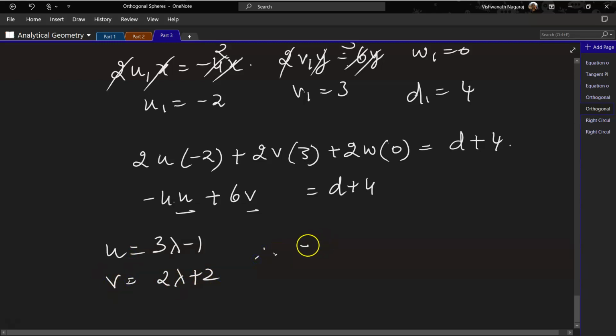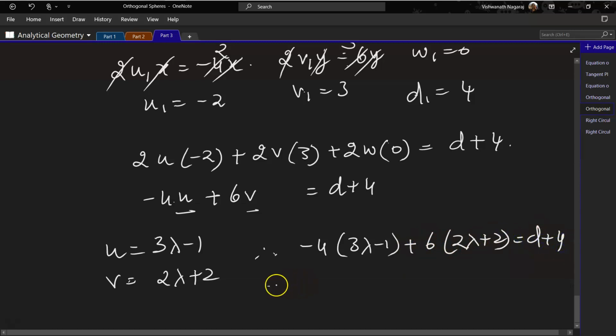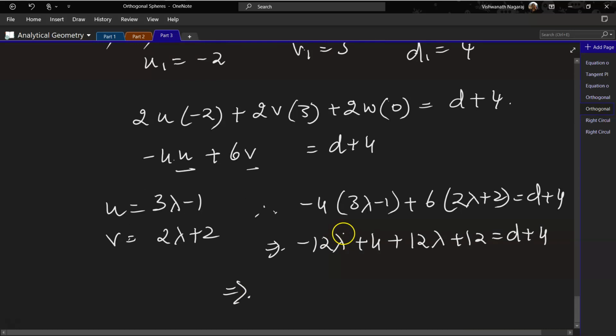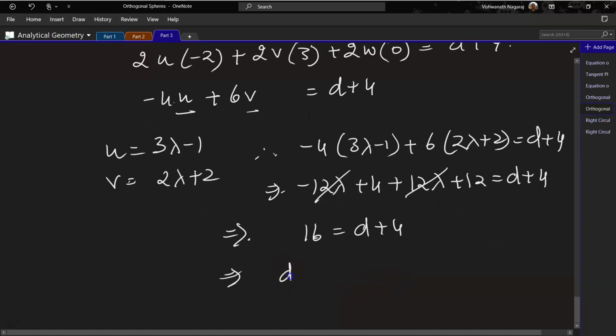Therefore, minus 4 times 3 lambda minus 1 plus 6 times 2 lambda plus 2 is equal to d plus 4, which implies minus 12 lambda plus 4 plus 12 lambda plus 12 is equal to d plus 4, and the lambda terms get cancelled. We are left with 16 is equal to d plus 4. So d is equal to 16 minus 4, that is 12.